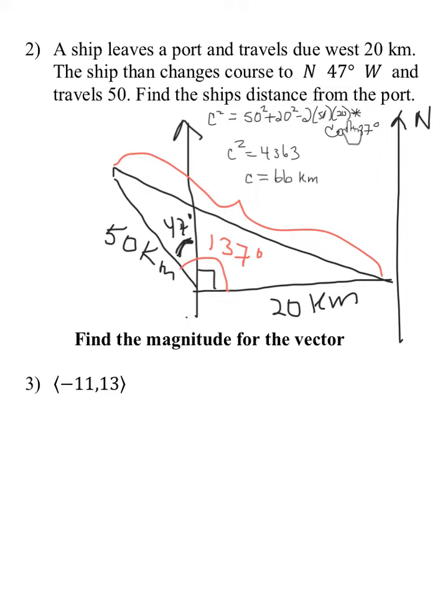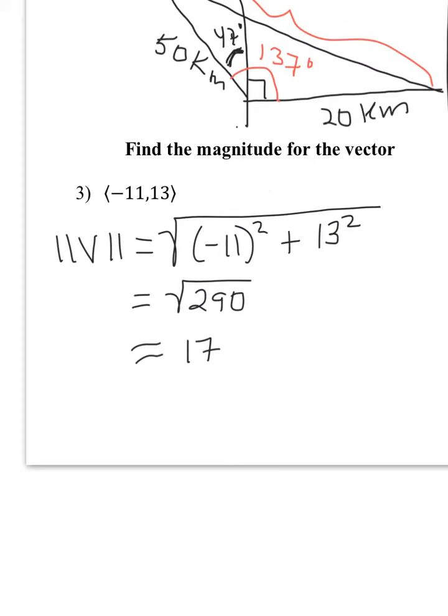So when we calculate this in the calculator, we get c squared equals 4,363. And so to find c, I need to take the square root, and I take the square root of 4,363, and I get 66 kilometers.